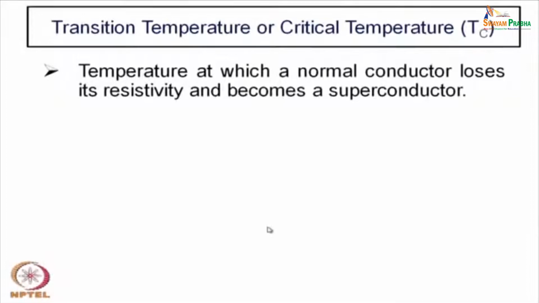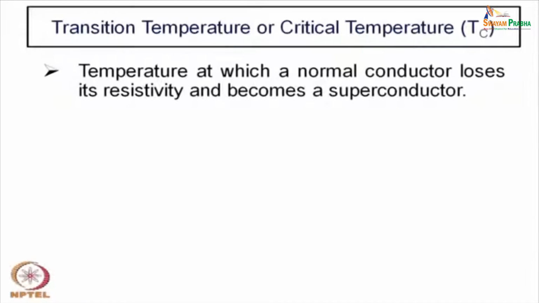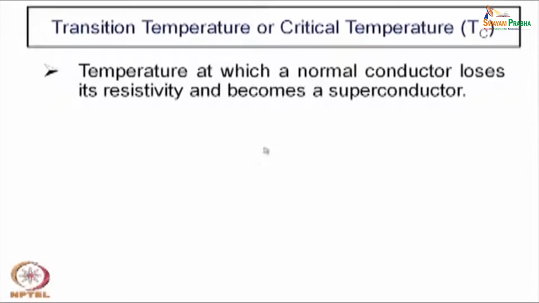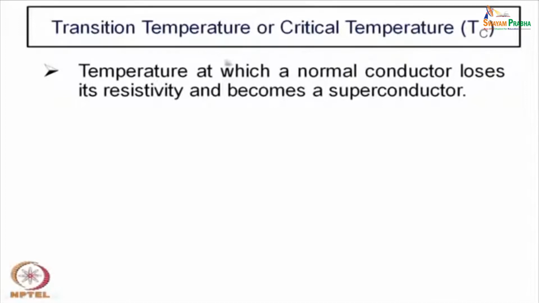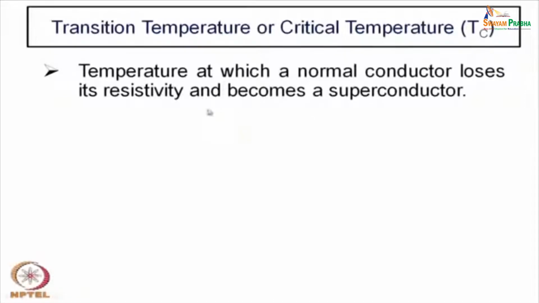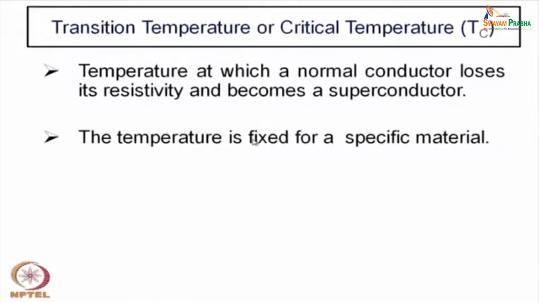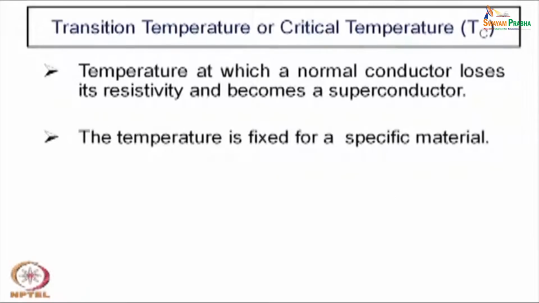Few other statements. The temperature at which the normal conductor loses resistivity and becomes a superconductor is the definition of the critical temperature. The Tc is the temperature at which a normal conductor loses its resistivity and becomes a superconductor. That is how the superconducting critical temperature has been defined.